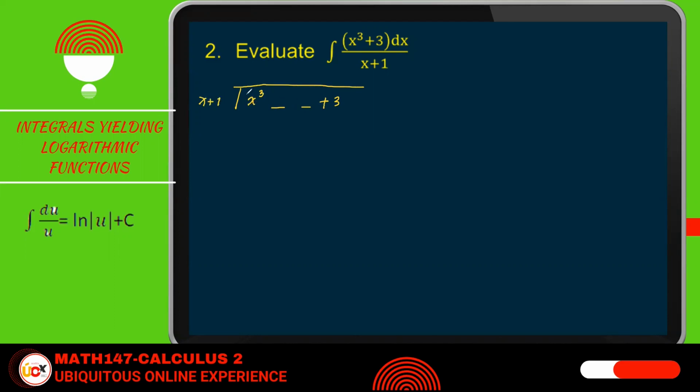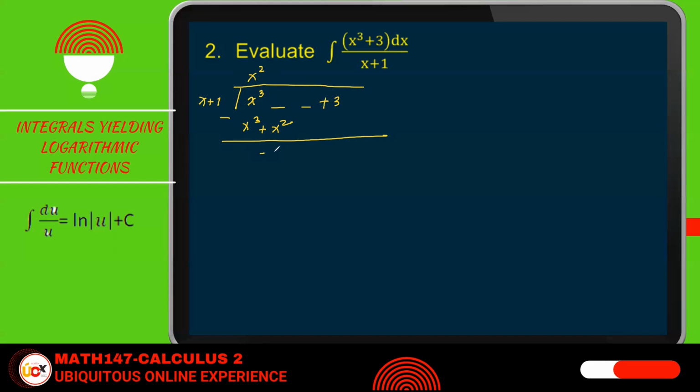To get the first term of the quotient, you divide the first term of the numerator by the first term of the denominator, which is x. So you have x cubed divided by x. We get x squared, and x squared times x is x cubed, plus x squared times 1 is x squared. Then subtract: x cubed minus x cubed is 0.